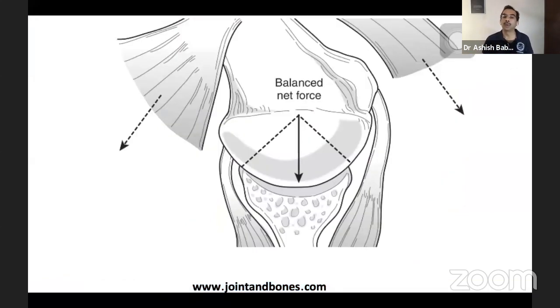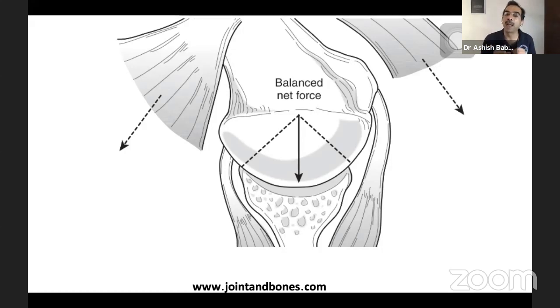Two of the most important force couples are the supraspinatus and deltoid, which have to work in conjunction to ensure that the head of humerus does not migrate proximally. At the same time, the internal rotators, let's say subscap, and the external rotators, let's say infraspinatus, together have to contribute equally to keep the head centered in the glenohumeral joint.